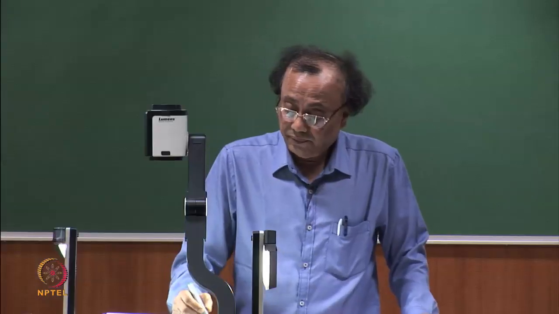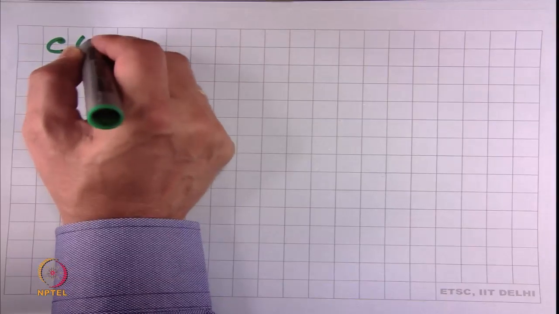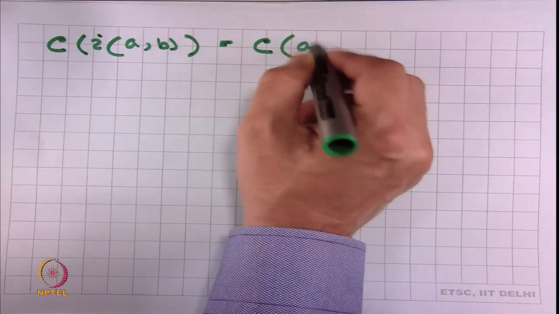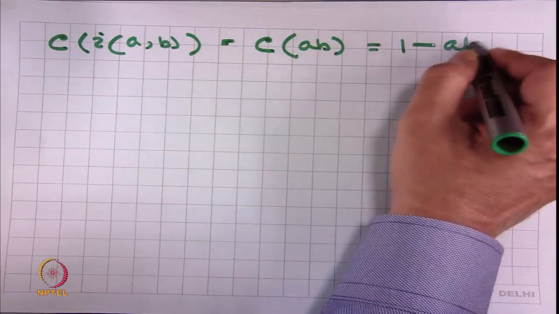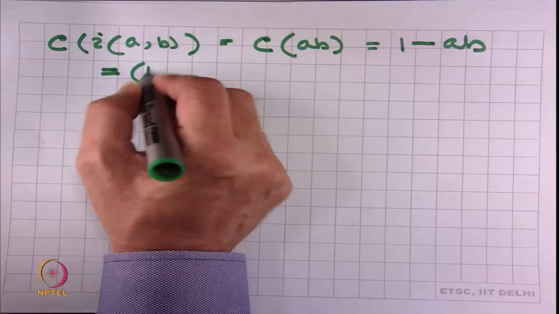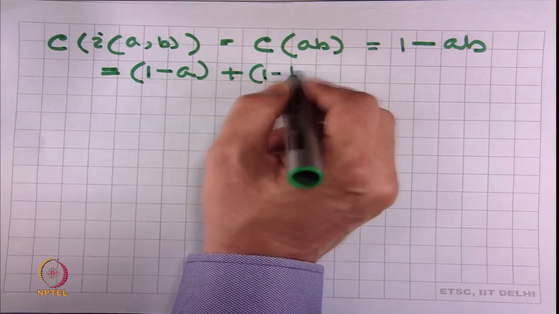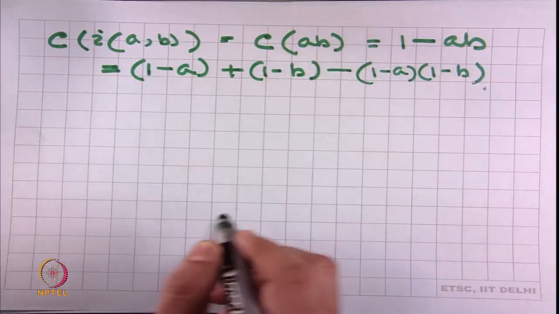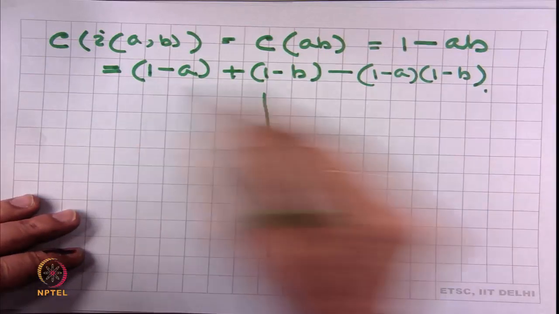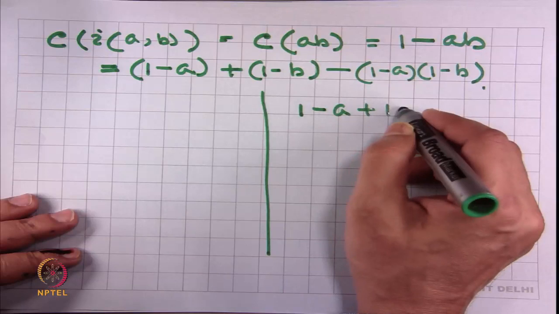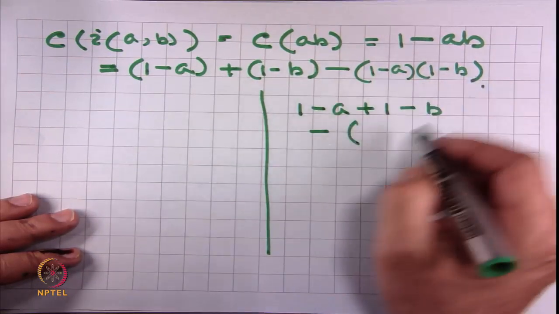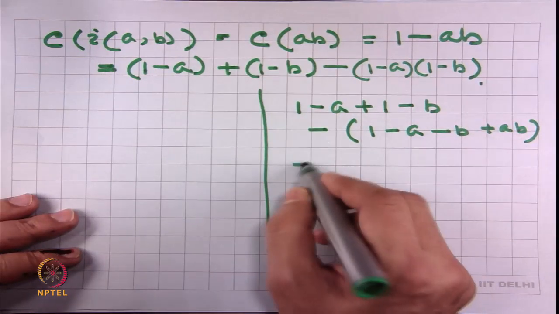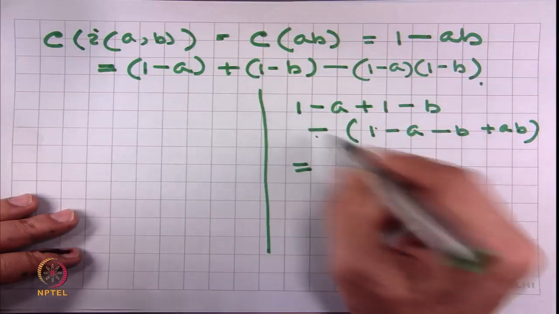Therefore, C of I of A comma B is equal to C of A B, which is equal to 1 minus A B, which is equal to 1 minus A plus 1 minus B minus 1 minus A into 1 minus B. This we can verify easily, because this is equal to 1 minus A plus 1 minus B minus the product of this, which is 1 minus A minus B plus A B. One of these plus 1s is cancelled with this minus 1.